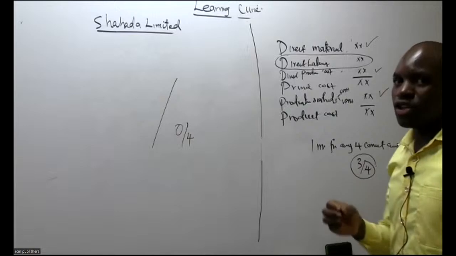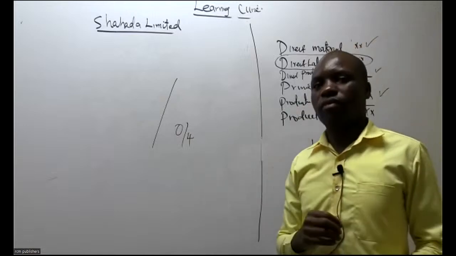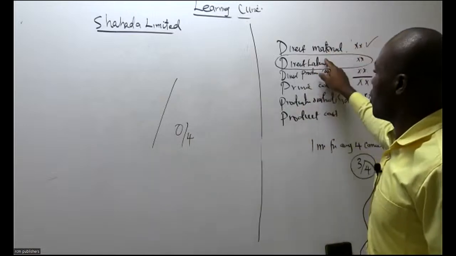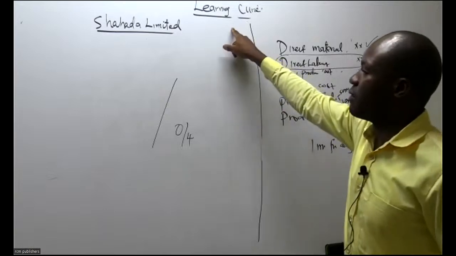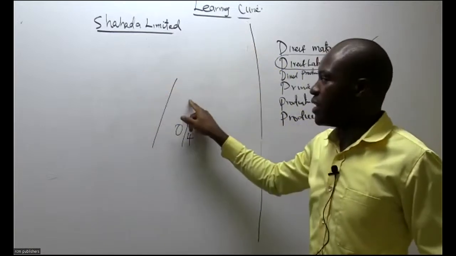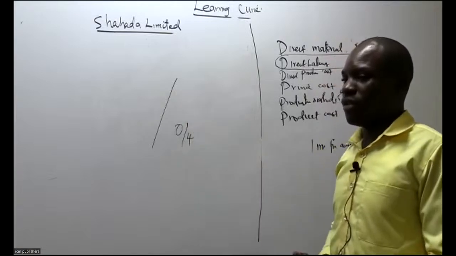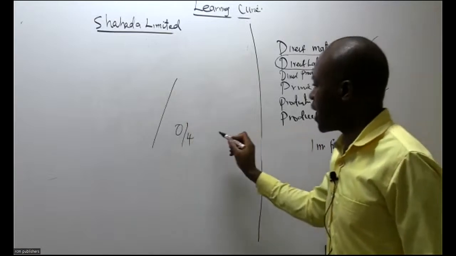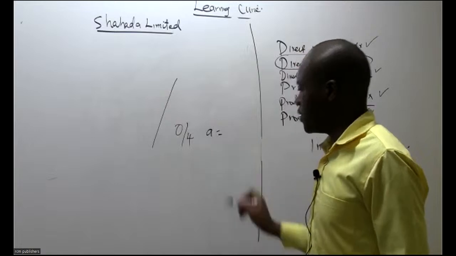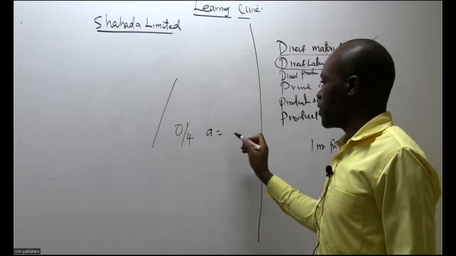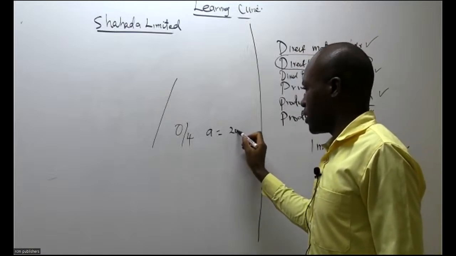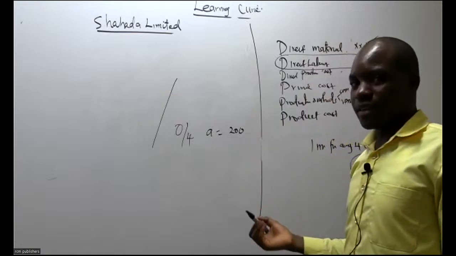Please try to attempt the questions. If you don't understand anything about this and you know it is about learning curve, can you write the formula, give us even, scare us with the value of A. Tell us that according to this, I know A is equal to maybe 200. Scare us.